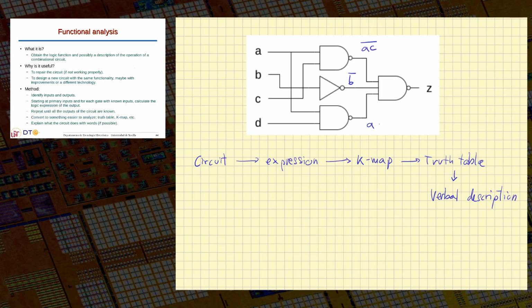I'll have A and D complemented, and Z will make the AND of all these terms and then complement the result. So the expression for Z will be AC complemented and B complemented and AD complemented and all these complemented. Okay, so this is one NAND, the inverter, the other NAND, and this is done by the final NAND gate.